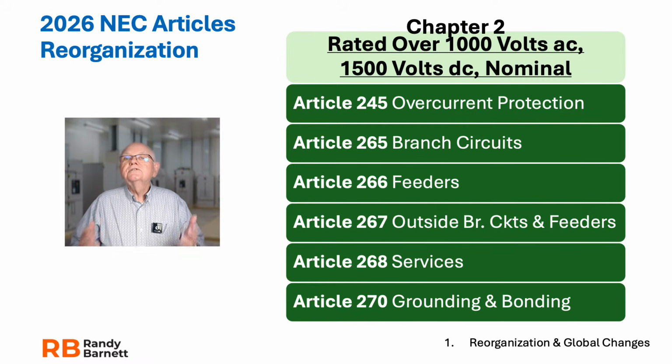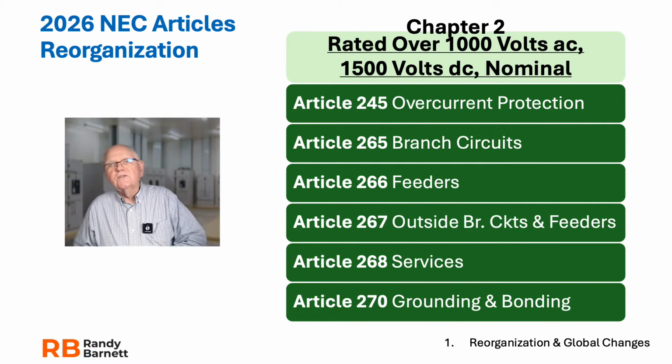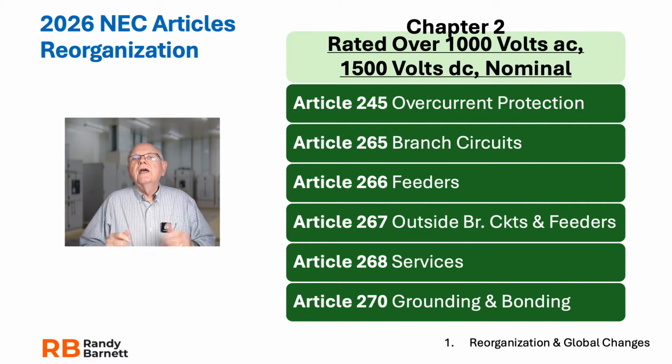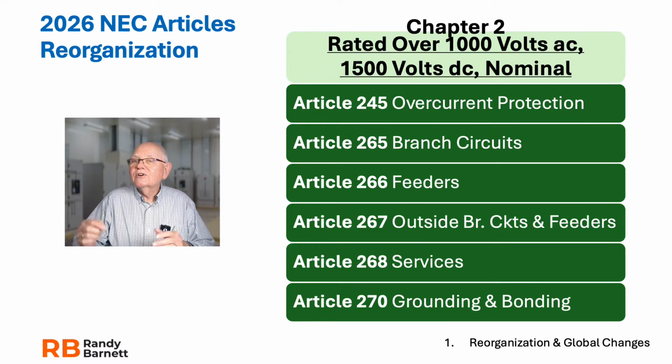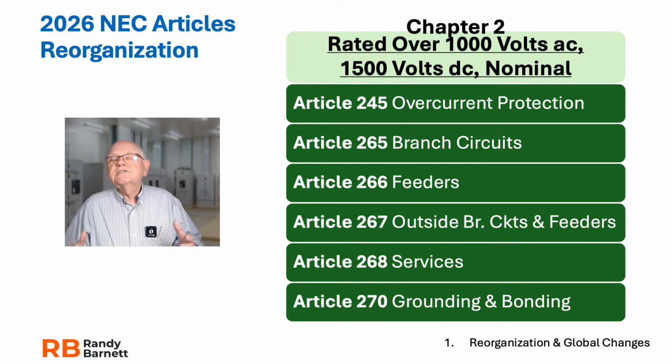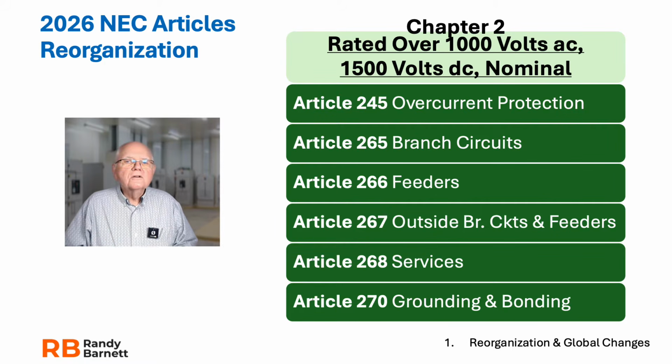We have Article 265, which is for branch circuits rated over 1,000 volts AC and so on. We have Article 266 for feeders rated over 1,000 volts AC, 1,500 volts DC. We have Article 267, which is for outside branch circuits and feeders rated over 1,000 volts AC and so forth. Article 268 is for services over 1,000 volts. And then, probably a big change for a lot of you, Article 270.